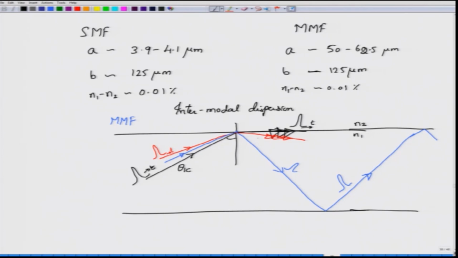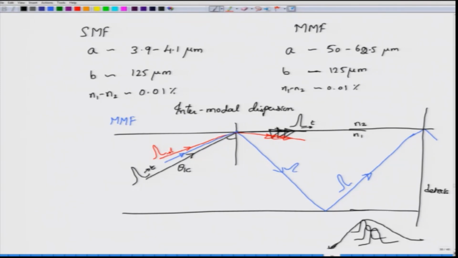Because they are traveling with different velocities, at the output you would see one pulse coming here, another pulse coming after some time, another after some time, and when you place a detector at the output of the fiber, what you get is essentially one big, broadened pulse, which would then limit how quickly you can transmit these pulses again.